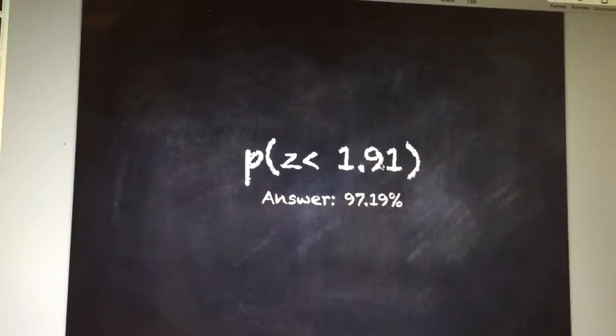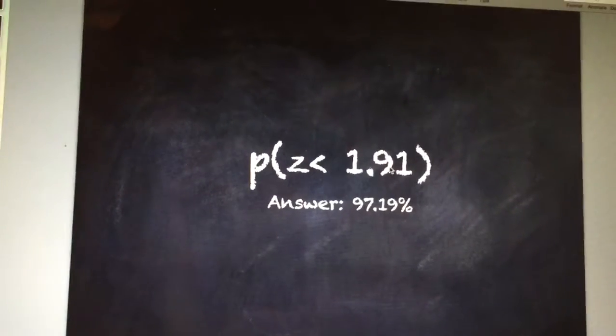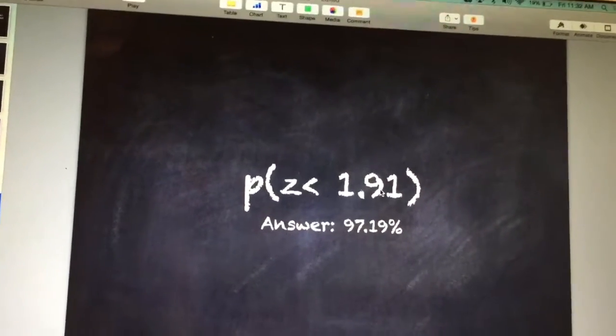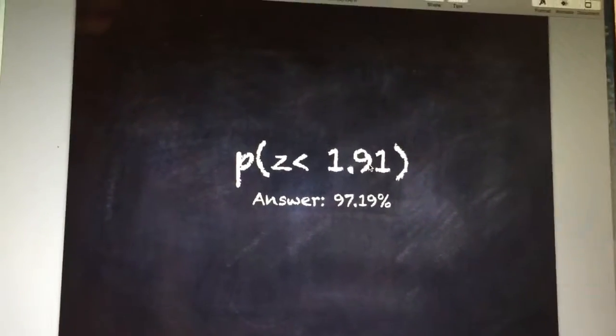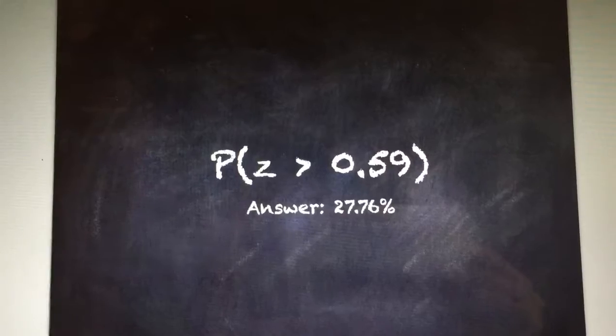But we're trying to find the probability of the standard normal distribution, so we need to move the decimal place over twice to make it a percentage. Therefore, we get 97.19%.